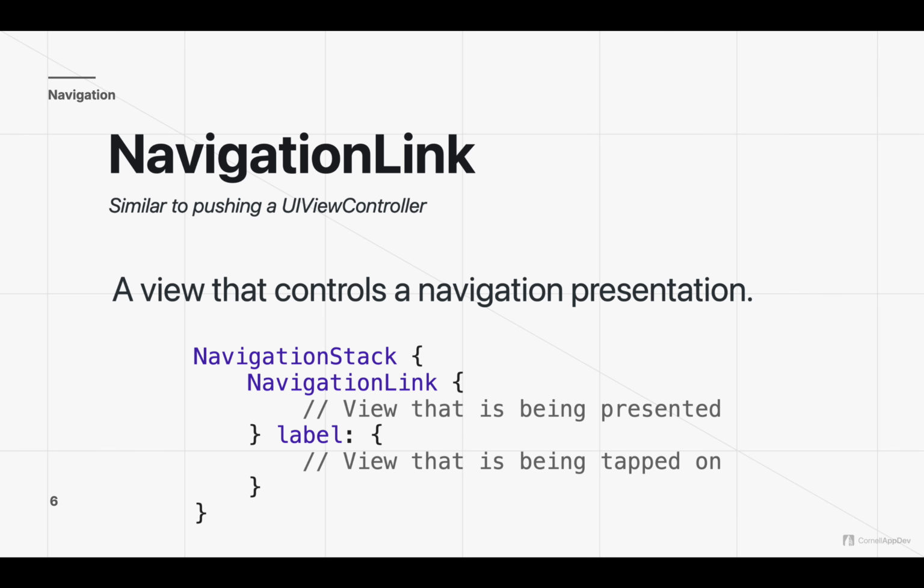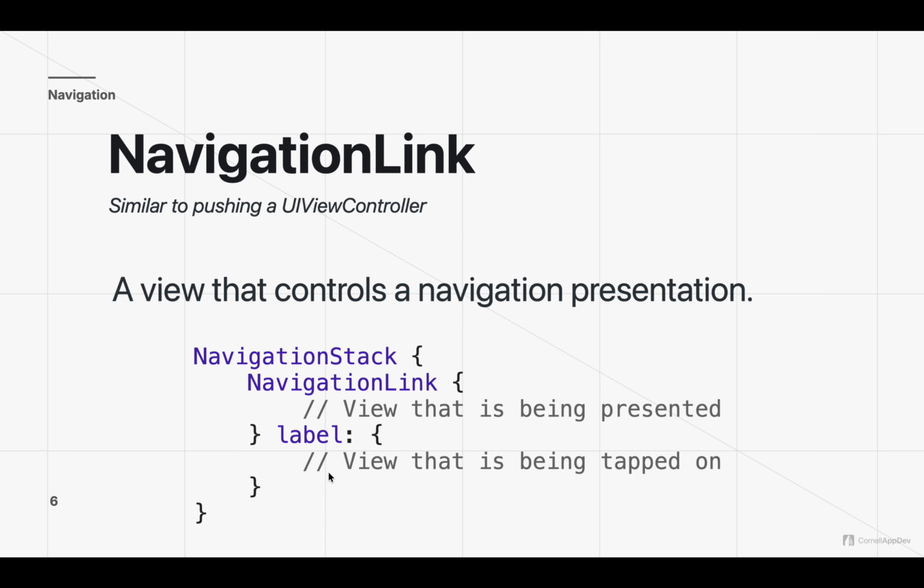another view. So next what we're gonna do is make this button a navigation link so that we can click on it. Let's go over navigation link. A navigation link is just a view that controls the navigation presentation.